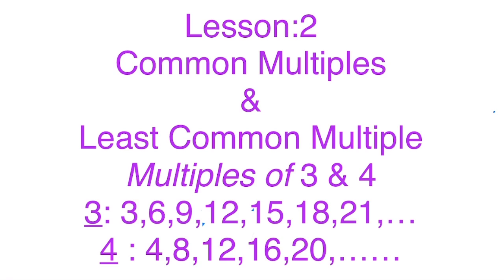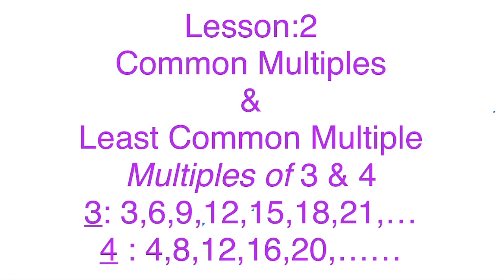Before we jump into common multiples, let's quickly recall what multiples are. Multiples of a number are what you get when you multiply it by 1, 2, 3 and so on. Look at the blackboard.